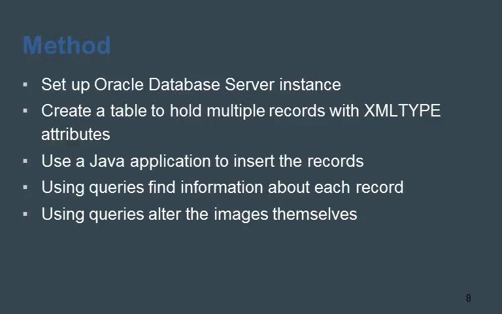So I'm going to automate the process with the Java application. Then I plan on writing some queries to find information about each record, maybe what the average color is, what the average size is, that kind of thing. Also, I'm going to use the queries to alter the images themselves if I can. So I'm going to try to make all the images blue or something like that.